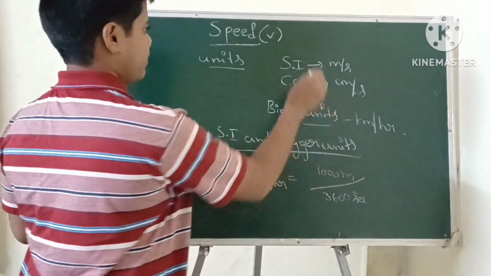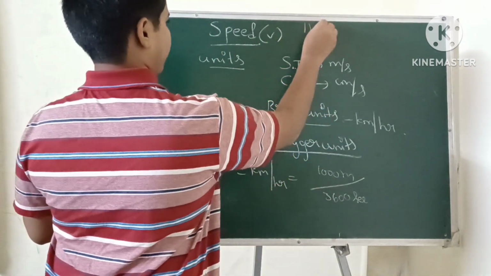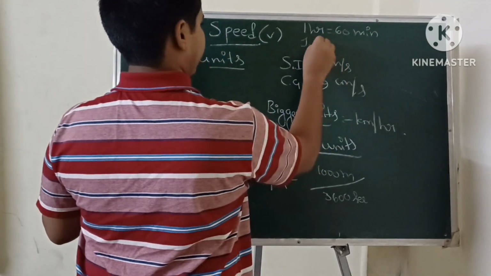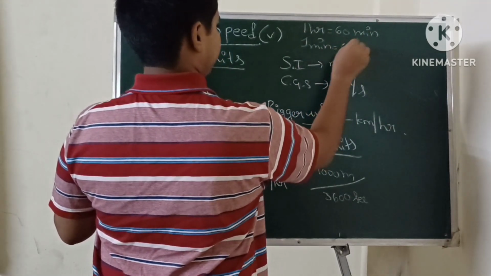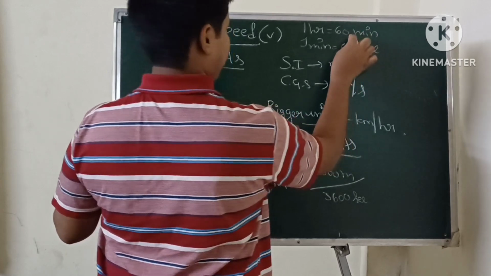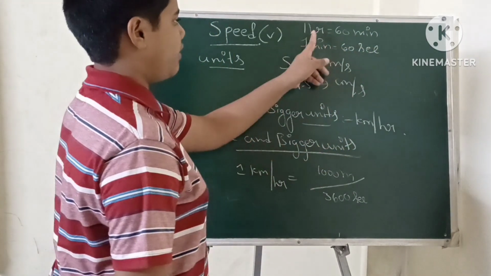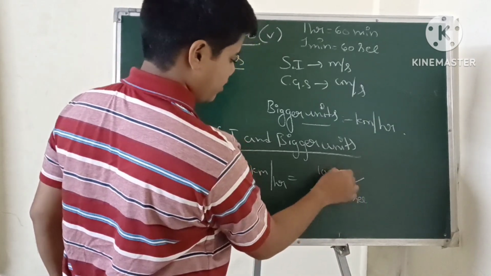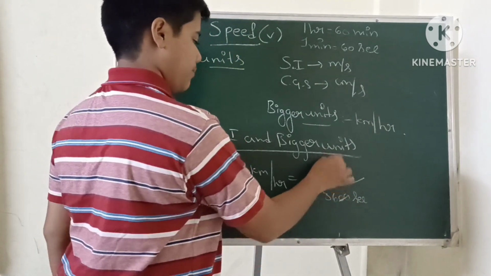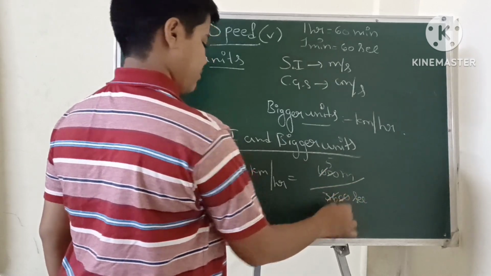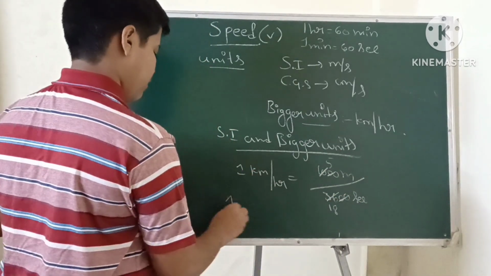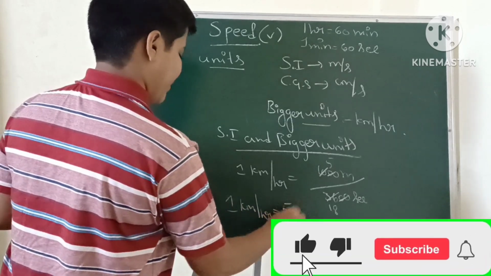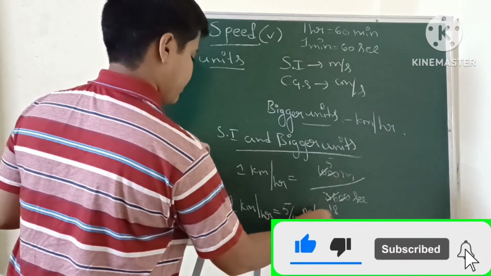Here 1 hour is equal to 60 minutes and 1 minute is equal to 60 seconds. So if we multiply 60 into 60, we get 1 hour equals 3600 seconds. In this, 2 zeros get cancelled. 2 fives are 10, 2 eighteens are 36. So here 1 kilometer per hour is equal to 5 by 18 times meter per second.